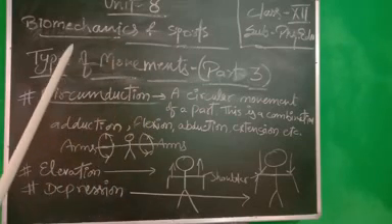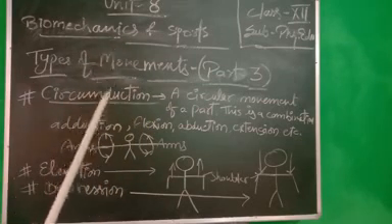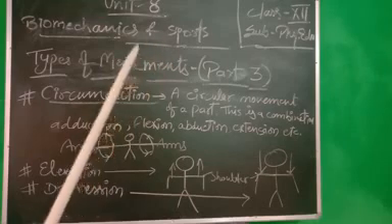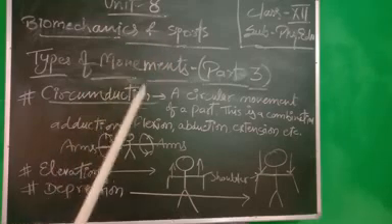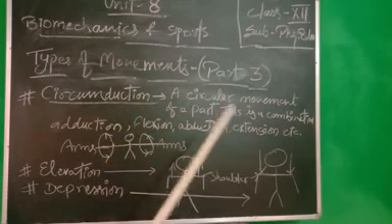Circumduction refers to the conical movement of a body part, such as a ball and socket joint or the eyes.